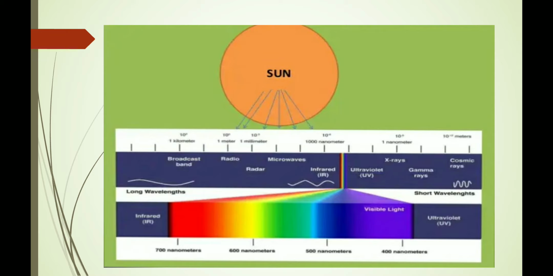Here is the source, the sun. We will get ultraviolet rays, gamma rays, and cosmic rays at around 1 nanometer. And here is the broadcast band: radio, radar, microwaves, infrared, and light of colors.